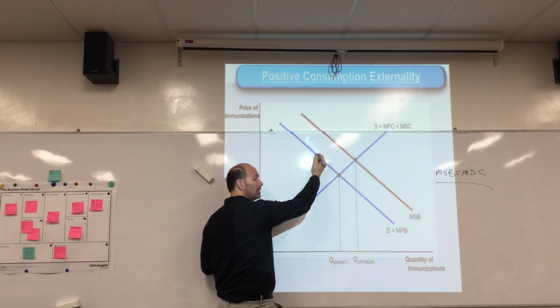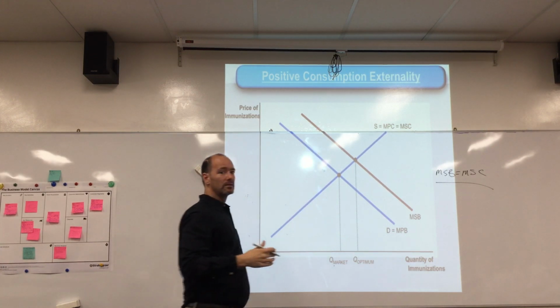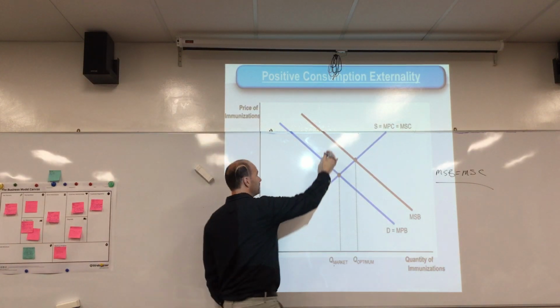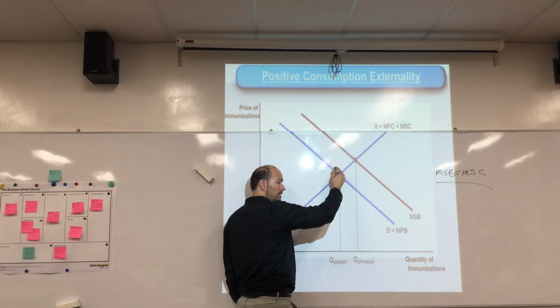So for every unit of output, for every immunization bought and consumed, there's a benefit to society that the consumer didn't consider. And thus you get this difference between the social benefit of immunizations and the private benefit of immunizations.